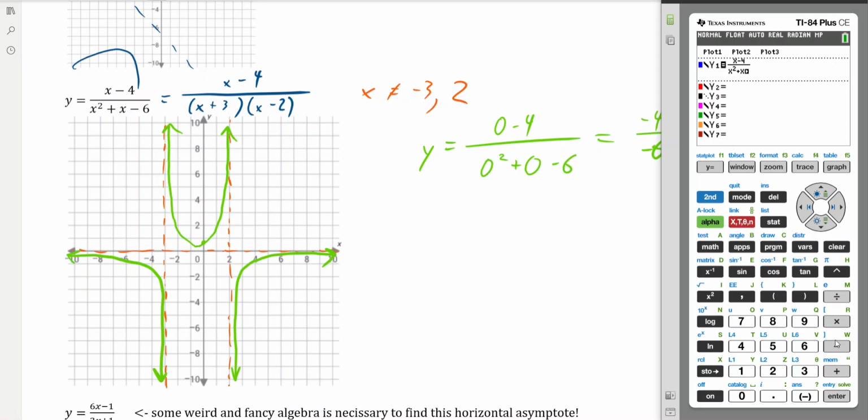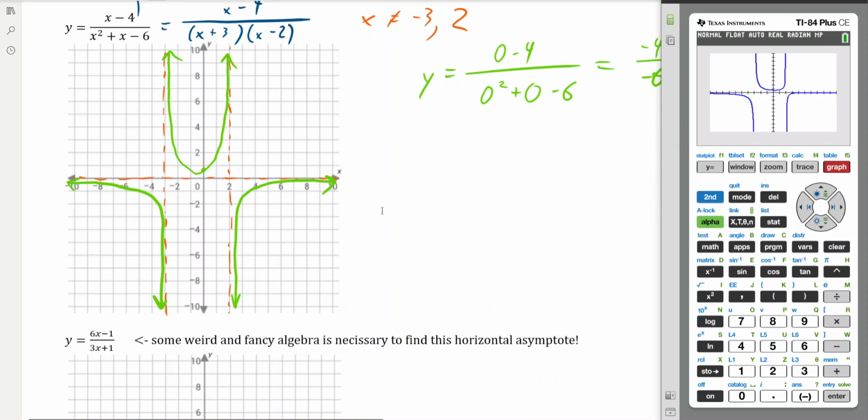If you do have a chance and you're on a written response, always check it with your graphing calculator just to make sure. But as you can see, that is about right. Okay, again, the big thing is you're looking for those asymptotes though.